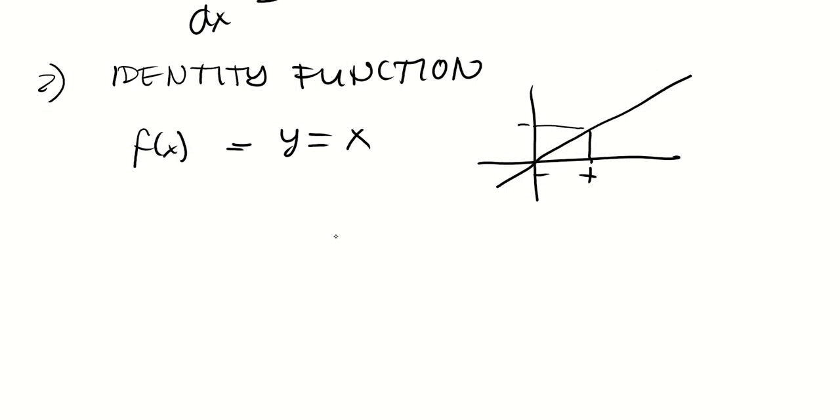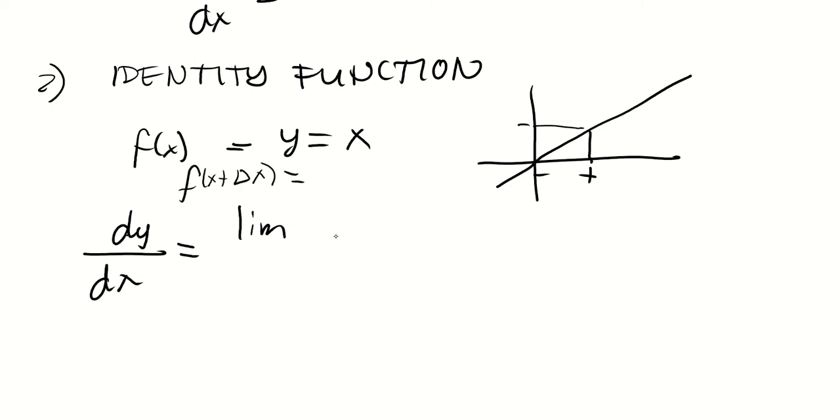Now, if we again apply the limit, we take the derivative of this one, dy/dx, this should be equal to the limit of f of x plus delta x. So what is f of x plus delta x? There's an x in the function, so we just replace it with x plus delta x.